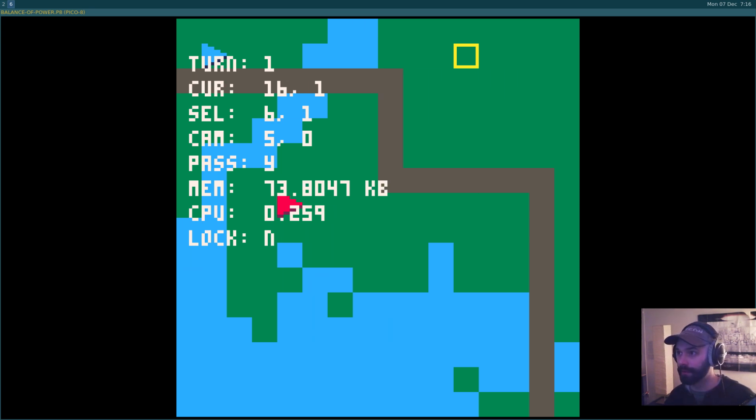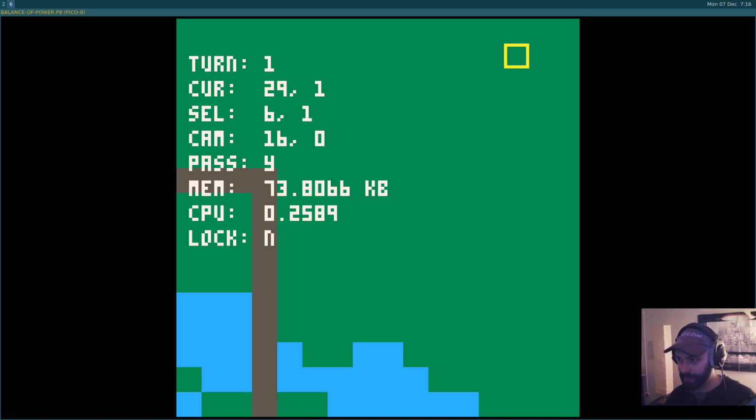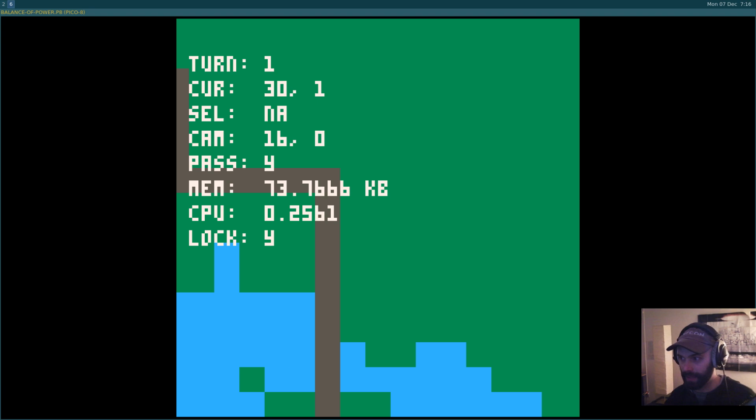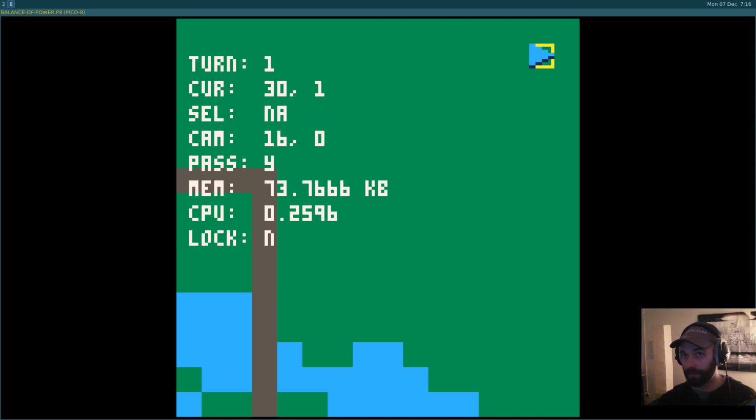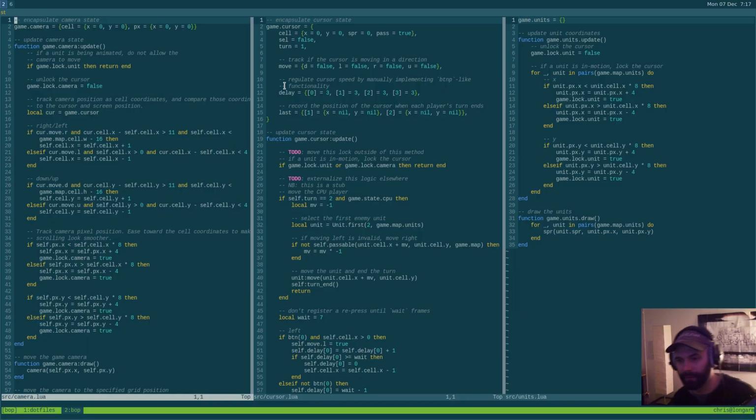Because that's when this now does work. The camera doesn't move until after the unit lands. So really we don't want to get there and release the lock. We want to get there and wait for n frames, and I'm tempted to make n like 15, I guess, which would be a quarter of a second. 15 or 30, I don't know.